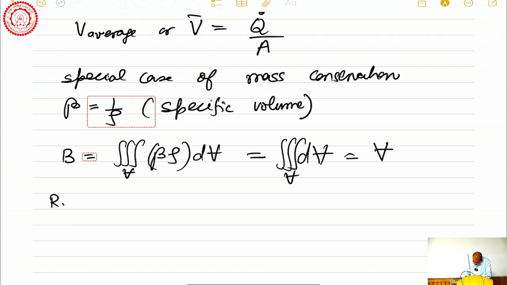So now Reynolds transport theorem becomes dV by dt.